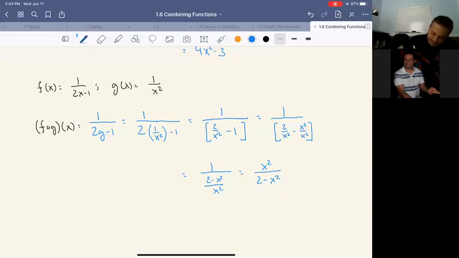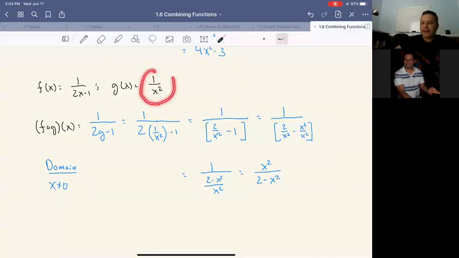What is our domain? Well, first, x cannot equal 0. Why? The 1 over x squared. We can't have 0 in the denominator, right? But what other values of x are thrown out?